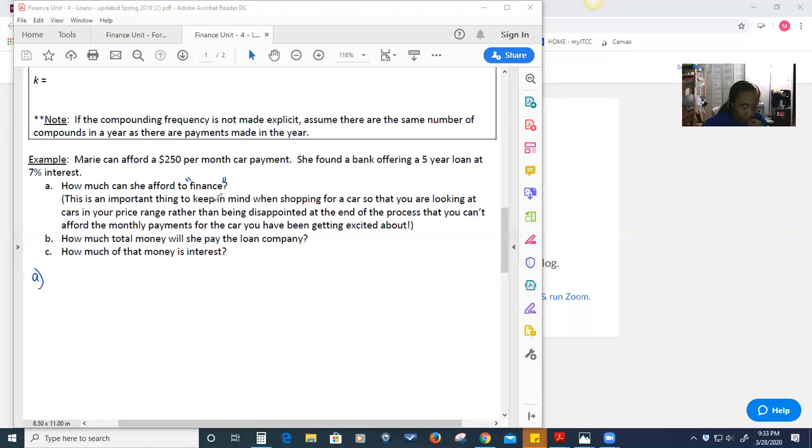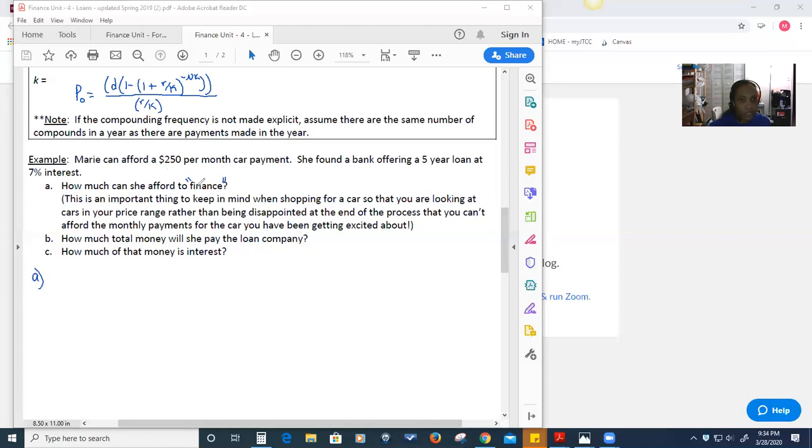So when we think about our loans formula, let me write it out up here again. P0 is parenthesis D, parenthesis 1 minus, parenthesis 1 plus R over K to the power of negative N times K, close parenthesis, all divided by R over K. All right, there's my formula.